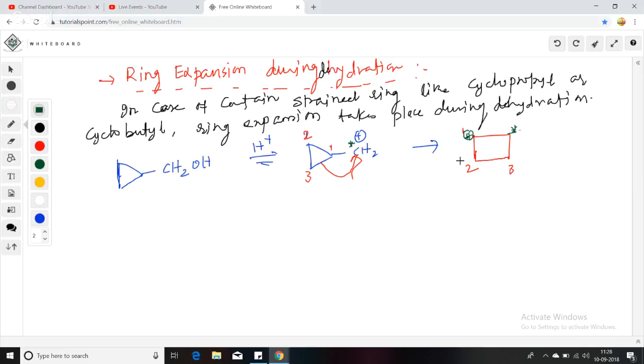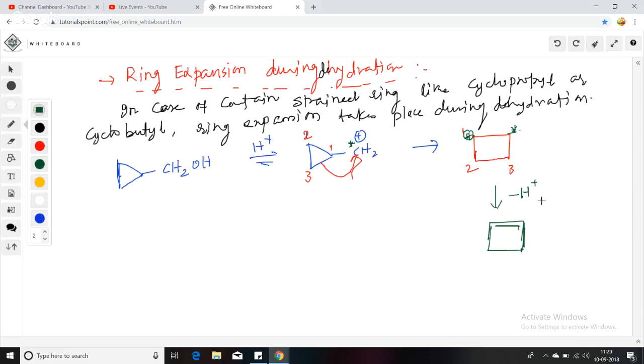Now, the final step is what? Removal of H plus. And we have only two possibilities: either H plus comes out from here or here. But if you see, both positions are equivalent. So whether you take H plus out from second carbon or star marked carbon, you get the same product, and the product will be cyclobutene.